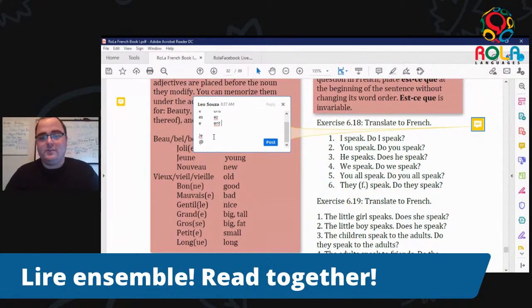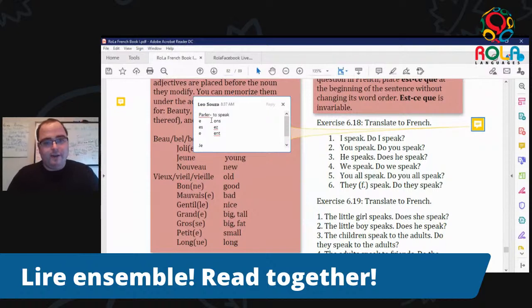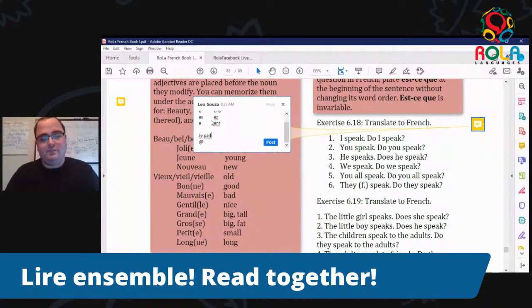Very good. So we have je, and then what you do is you chop off the ER and you write PARL for every one. What's the ending for je? E. Très bien. Tu, PARL. What's the ending for tu? Parle. Très bien. ES.